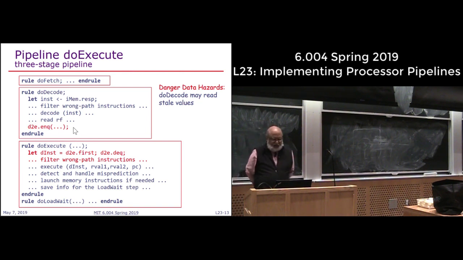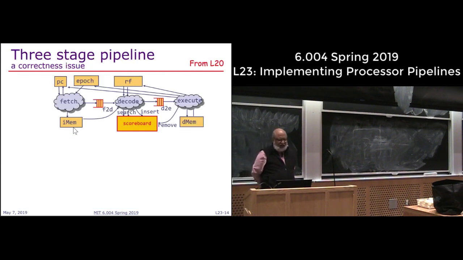So you have to be careful about that. And the solution was to introduce a scoreboard. When you look at that picture, it looks something like this. You have a scoreboard which keeps track of who's ahead of me. And before I can enter the execution pipeline, because I'm going to be reading these registers, I'm asking, is there anybody ahead of me which is writing in these registers? If that is the case, then I'm going to stall.